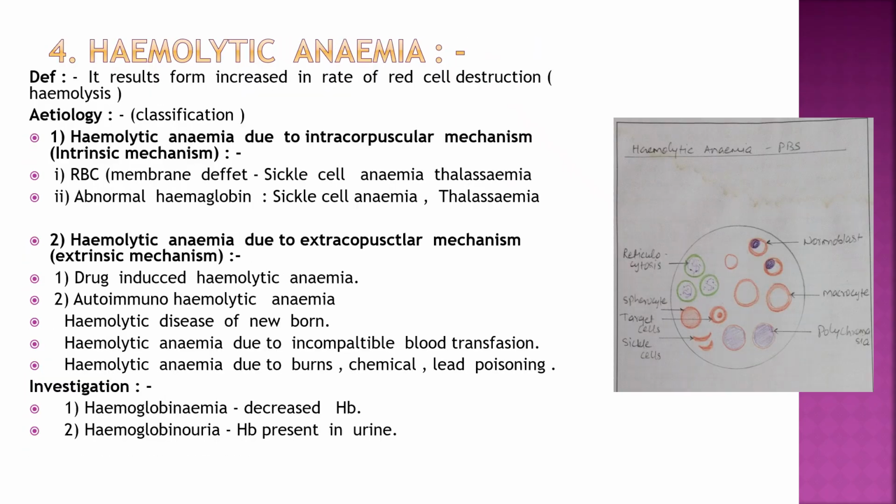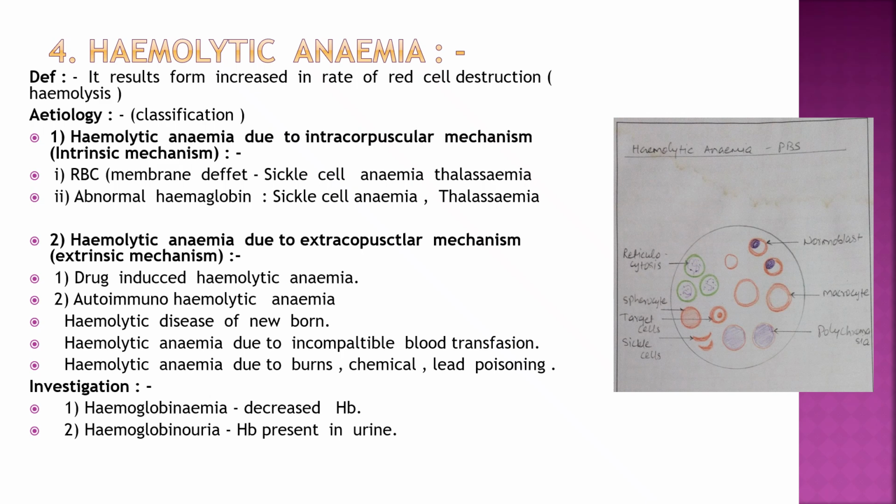Hemolytic anemia is because of increased red cell destruction, that is hemolysis. This can be because of an intracorpuscular mechanism, that is, the defect is inside the RBC, like a membrane defect or abnormal hemoglobin, as seen in sickle cell anemia or thalassemia.